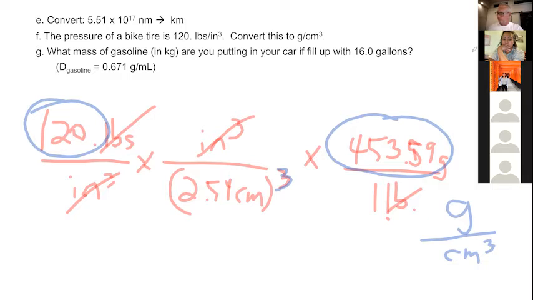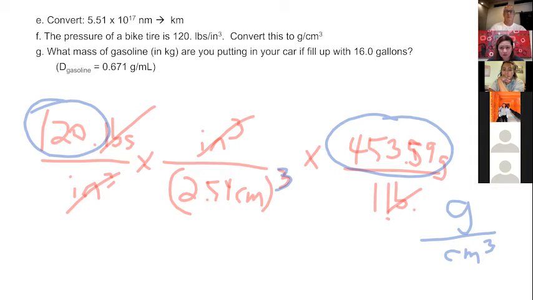Is it 3321.571? So what do you have? Oh, the cube of 2.54 is 16.387064.